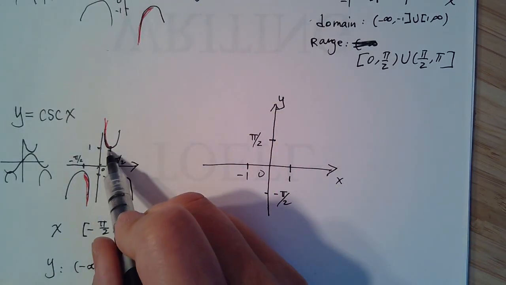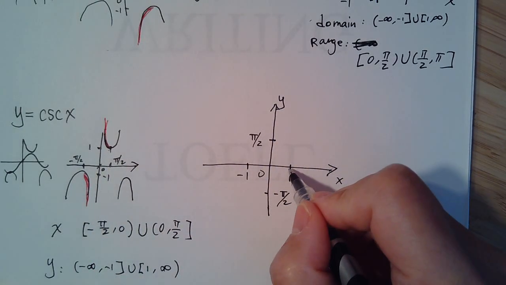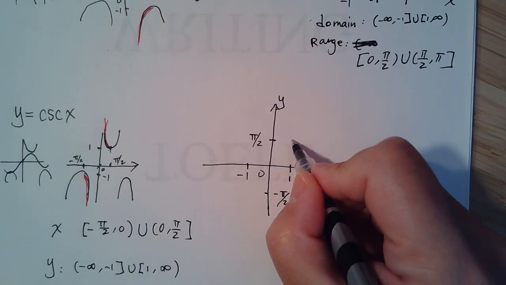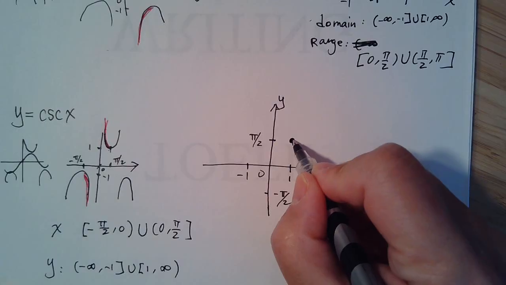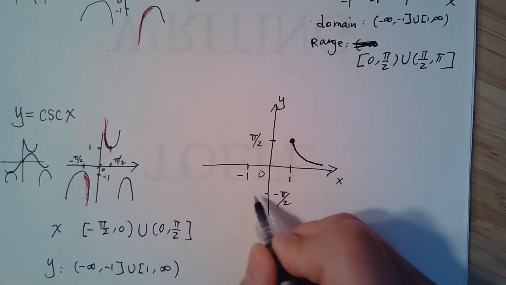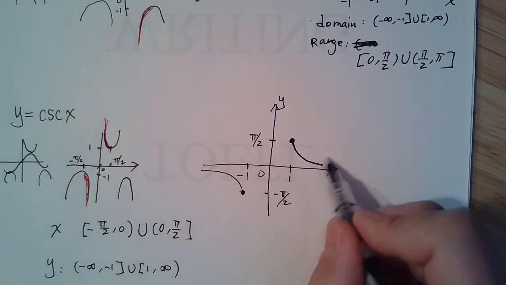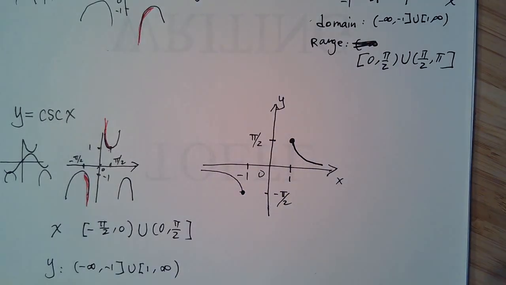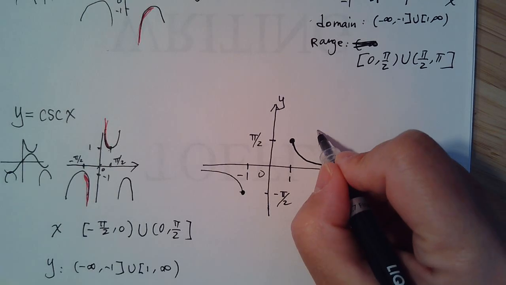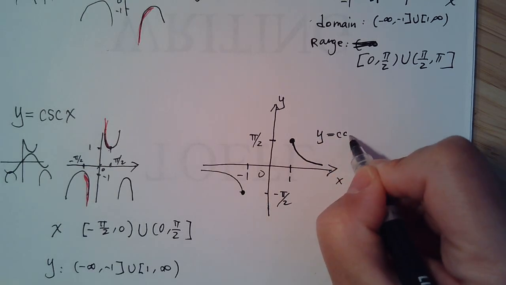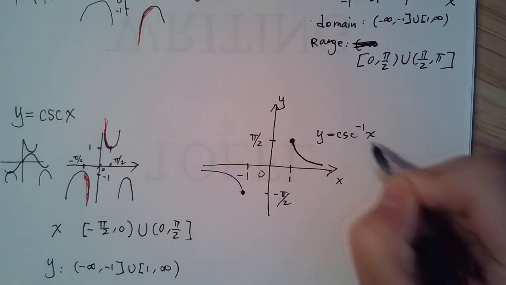Now when I flip this point, I get a 1 and a pi over 2, solid, it goes that. And here I get a negative 1 and a negative pi over 2. And see, that's my graph. Scary, isn't it? This is the graph of y equals cosecant inverse x.